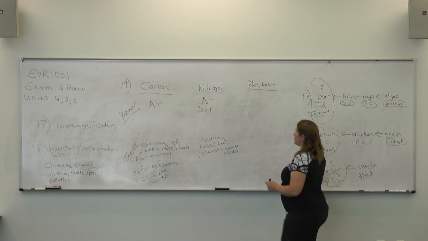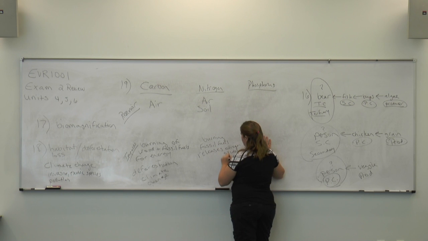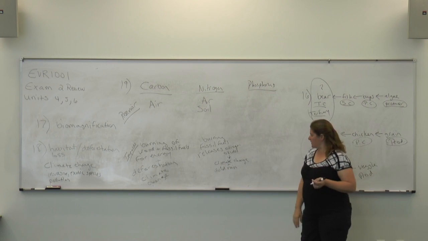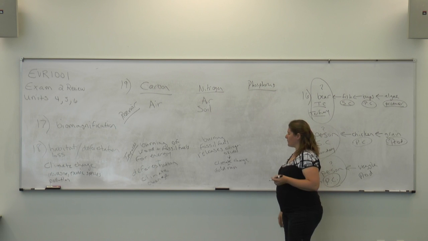And a major symptom of this release of nitrogen oxides in the air is climate change and also acid rain. Nitrogen oxides are also greenhouse gases. You guys have heard about acid rain before, right? Well, one of the major causes of that is having too much nitrogen oxides and other pollutants in the air. Okay.